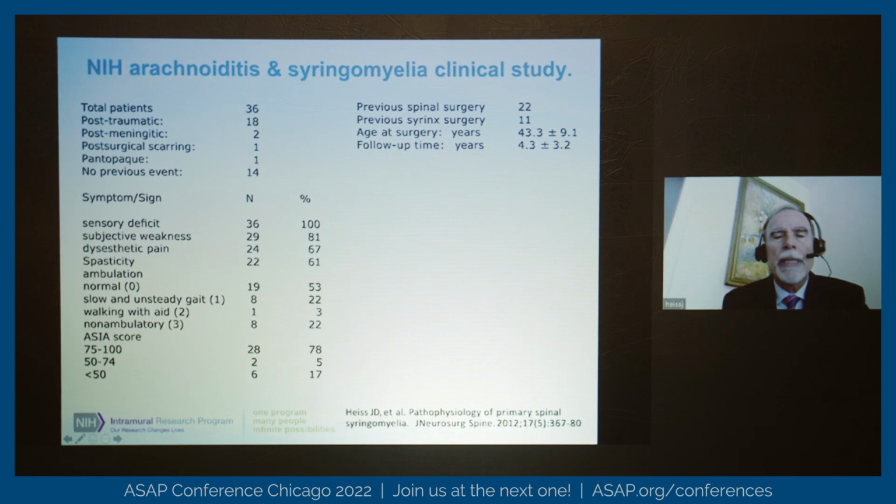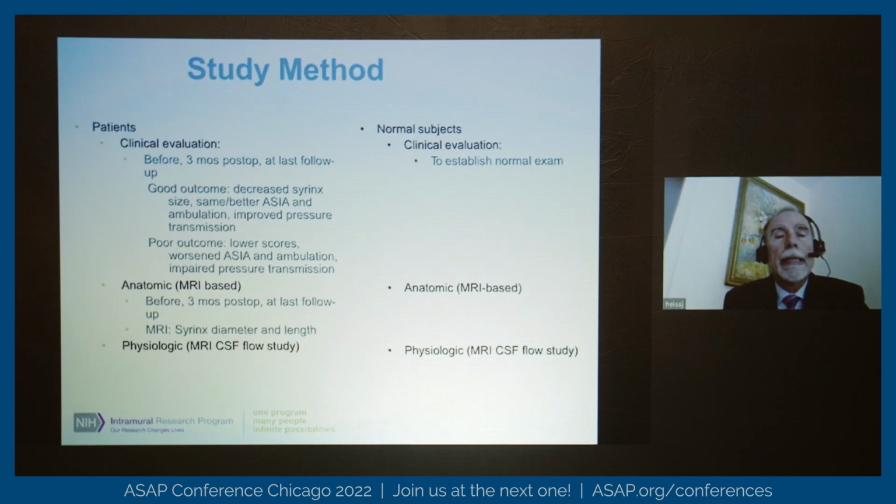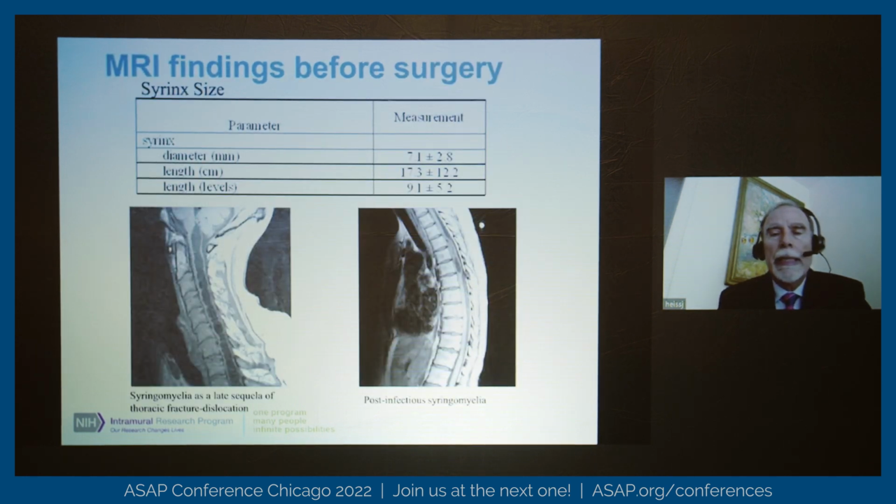Almost half of them had some problem with ambulation. And we just evaluated them clinically before and after. We did MRI scans. We did CSF flow studies, also measured their pressure.